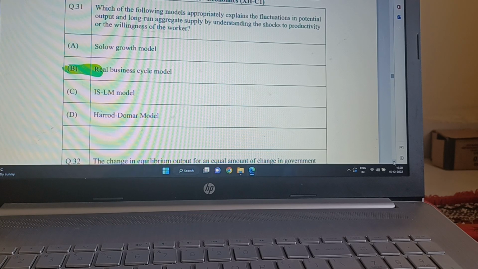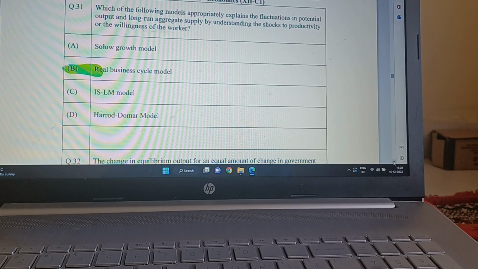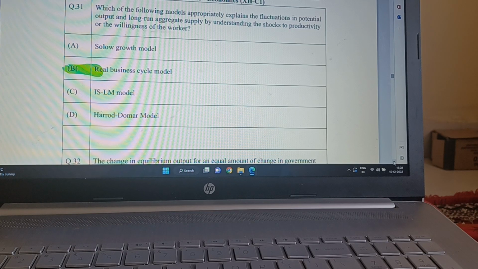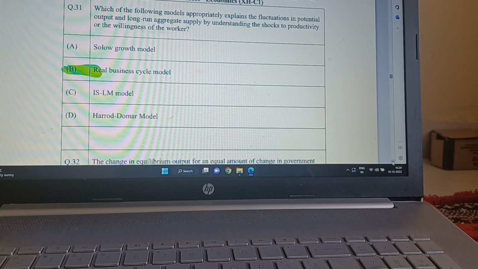And if the workers want to stay at home, either because wages are not enough, or the workers are not healthy, or the workers just want to enjoy life, in that case GDP would be lower, and that will cause recession. So these two factors, shocks to productivity and willingness of the workers, bring fluctuations in the potential output or potential GDP, and that is explained by real business cycle.